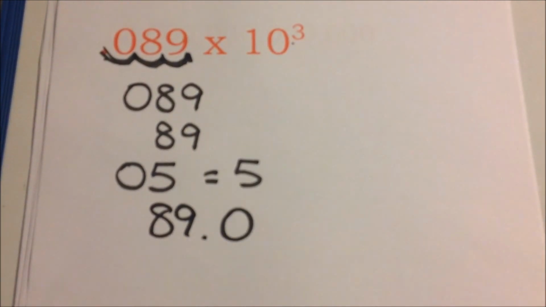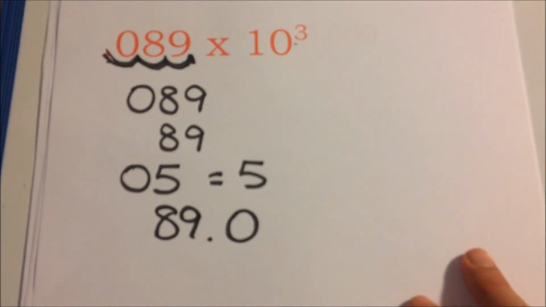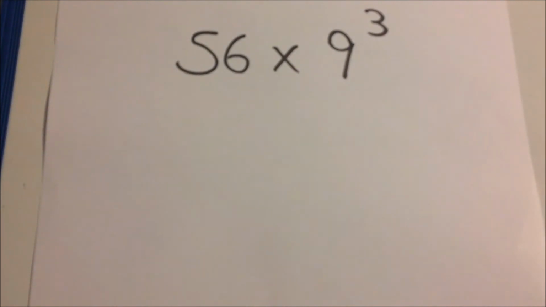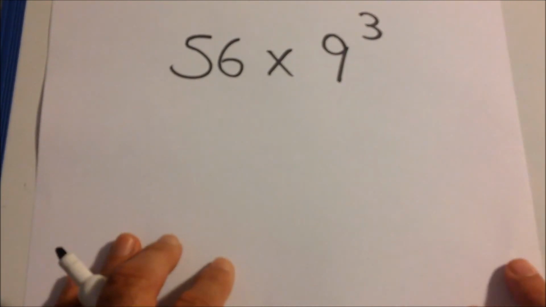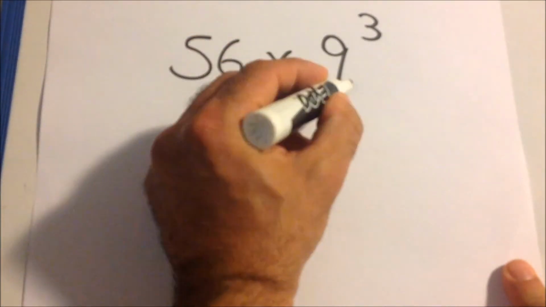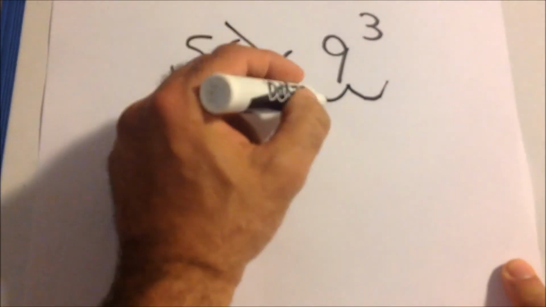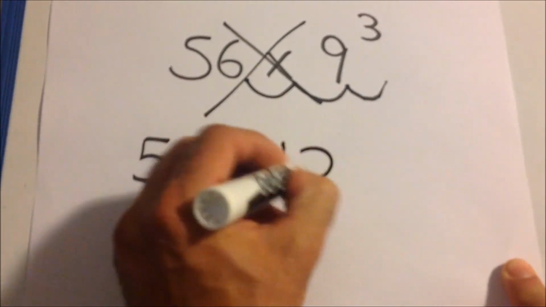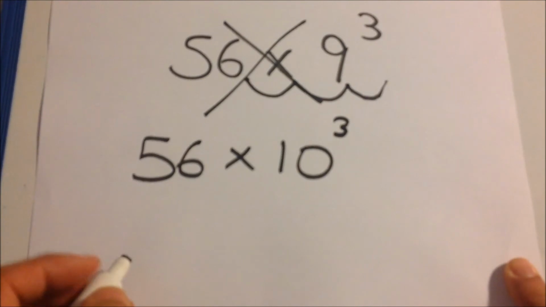So remember that. Now, one thing to keep in mind is this only works when the base is 10. Don't do this when you have another number that's not 10. This is not saying move this 3 times. No, don't do that. Only when you see 10. So if you had 56 times 10 to the third power, remember the decimal's hidden.